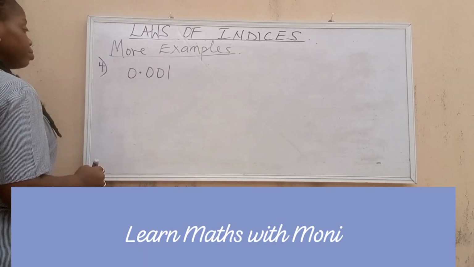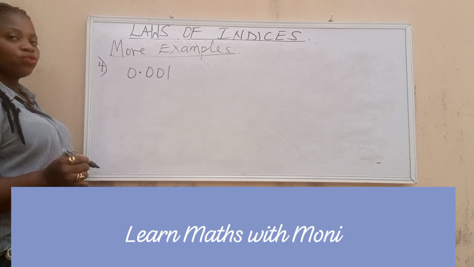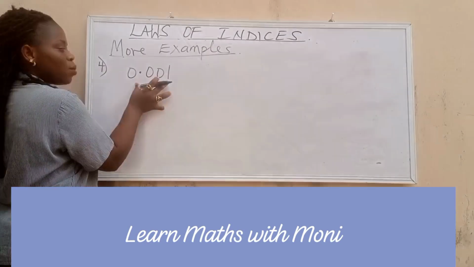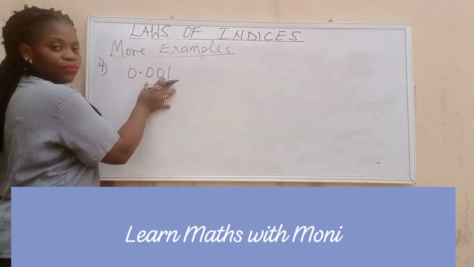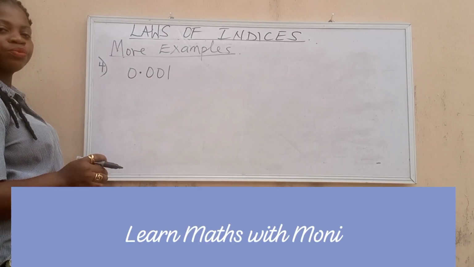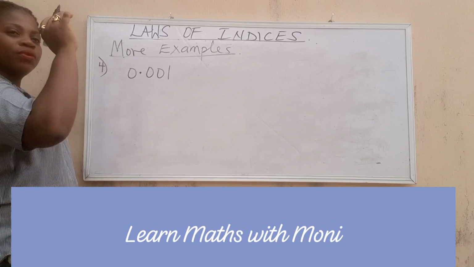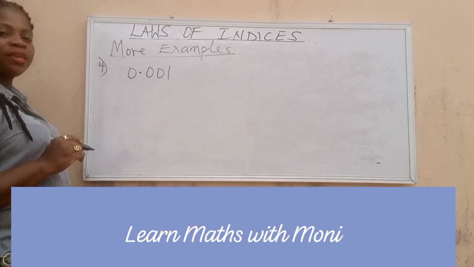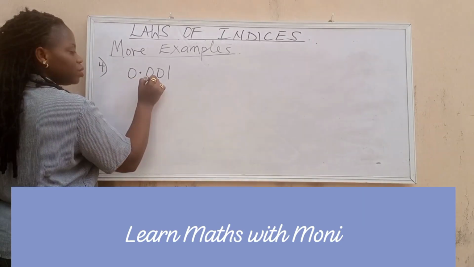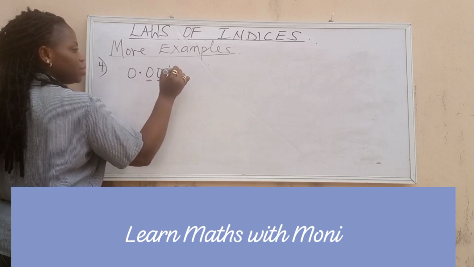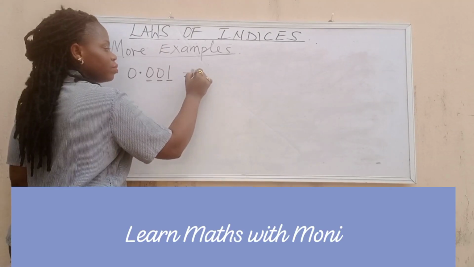Number 4, 0.001. I'll take you quickly back to your basics. When we have 0.001, we have to convert it first to a regular fraction, where you have a numerator and a denominator. So this is 1, 2, 3 decimal places.